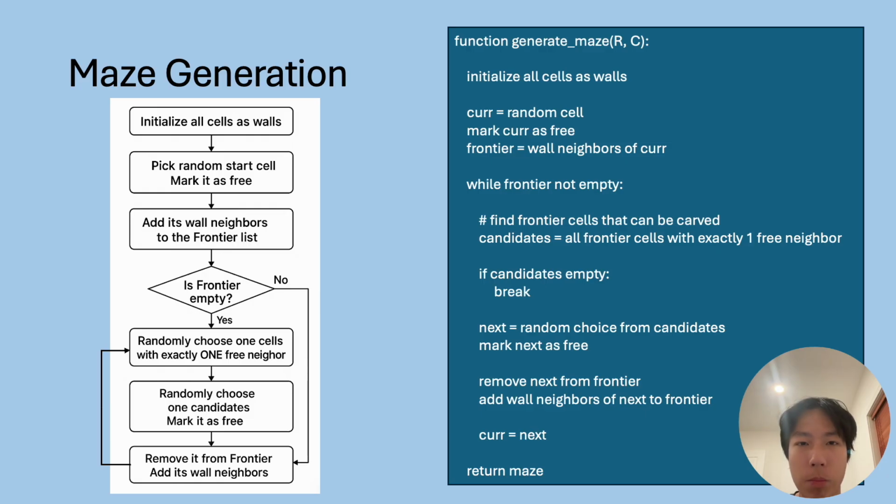We add all potential wall cells, which only have one free neighbor cell, into the candidate list. Then we randomly choose one candidate and mark it as free. Finally, we remove it from the frontier and add its wall neighbors. Then we start a new iteration. We iterate again and again until the index exceeds the max step, and then we stop.